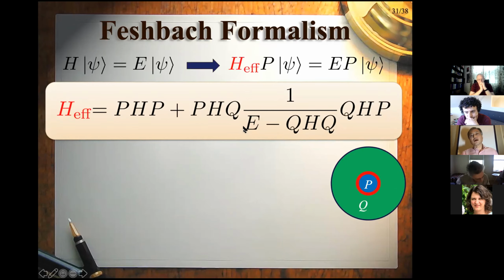Using the retarded Green's function in the computation of the effective Hamiltonian is actually equivalent to the computation of the wave function in the completely absorbing boundary condition that I talked about in the first part of my talk. So if I use the retarded Green's function here, then I actually find these states after properly diagonalizing this effective Hamiltonian.